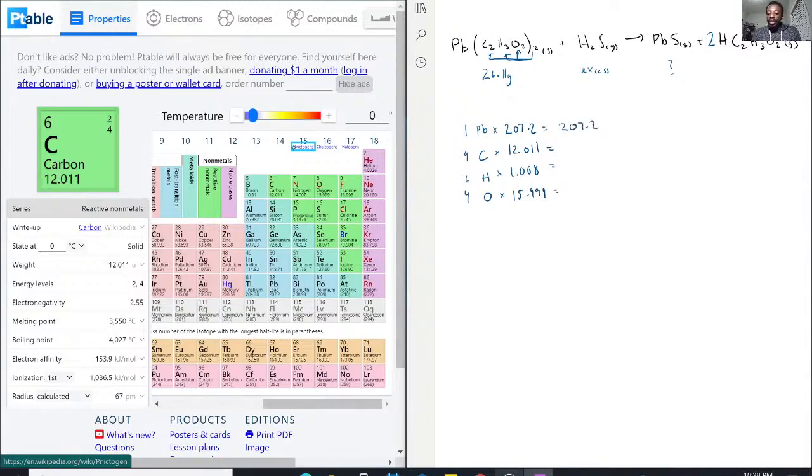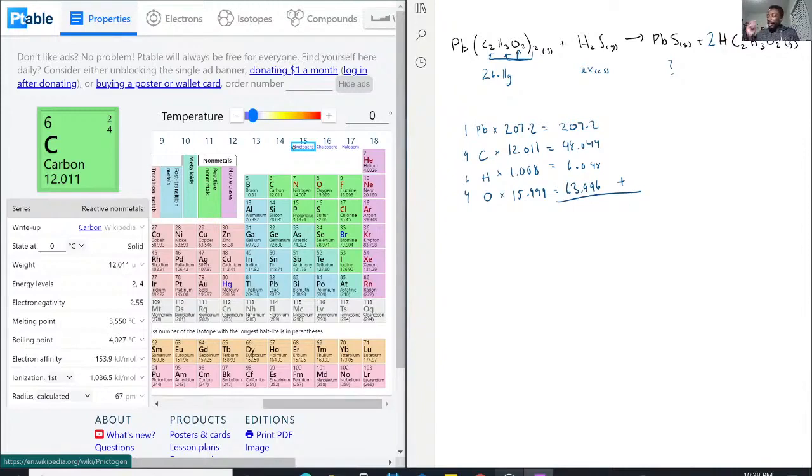And then the carbon is 4 times 12. That's 48.044. The hydrogen is 6.048. And the oxygen, 15.999 times 4, is 63.996. Okay?